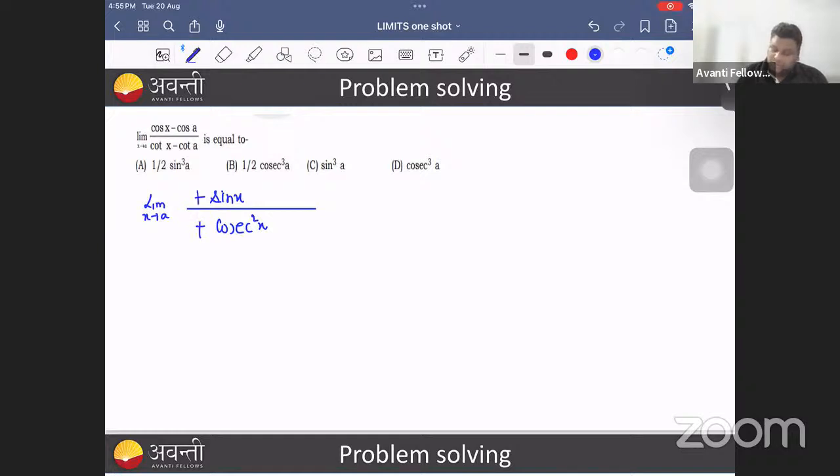The minus minus goes plus, so it becomes the limit as x approaches a of sin cube x. Now just place the value of a because the indeterminate form has vanished. Your answer is sin cube a. That's it.